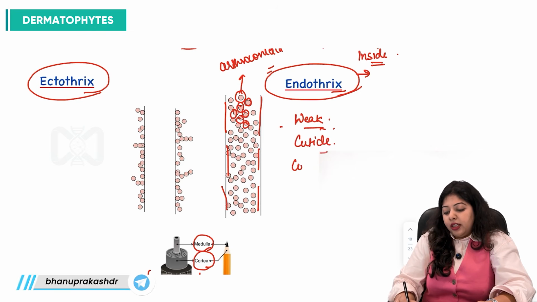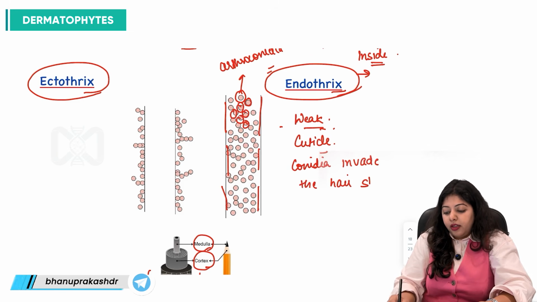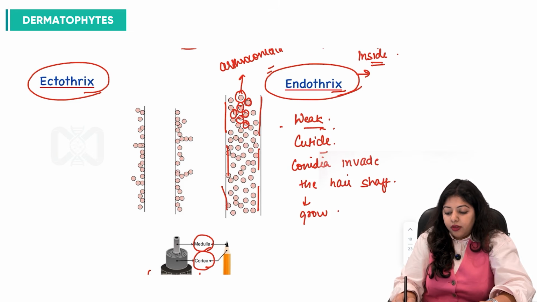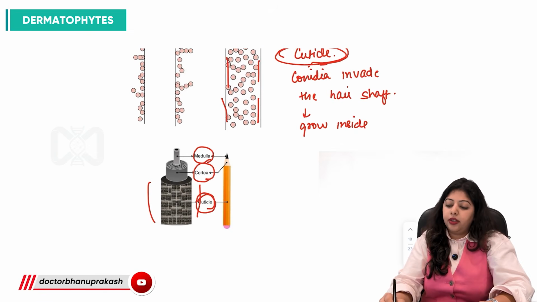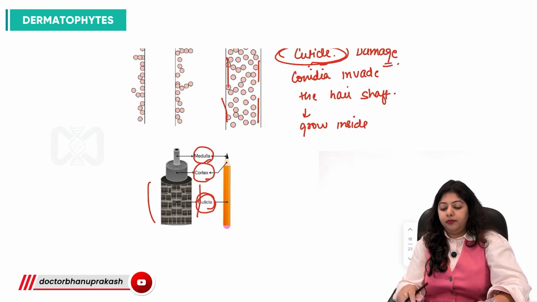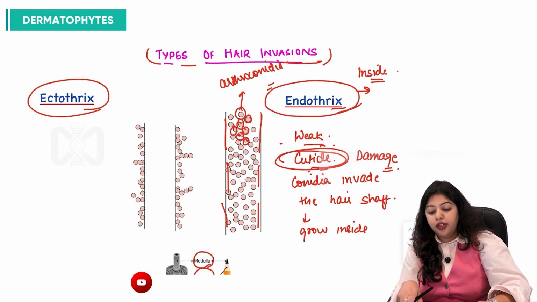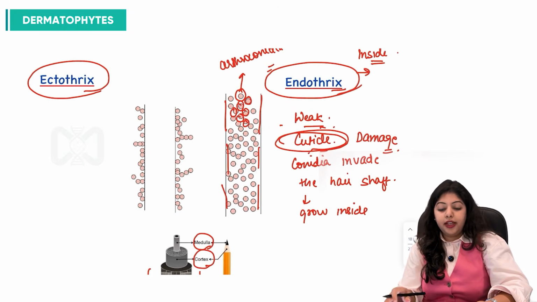So conidia invade the hair shaft, they grow inside, and ultimately lead to damage of the cuticle. This is one type of invasion, the endothrix type of hair invasion.